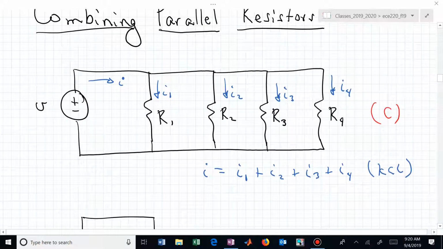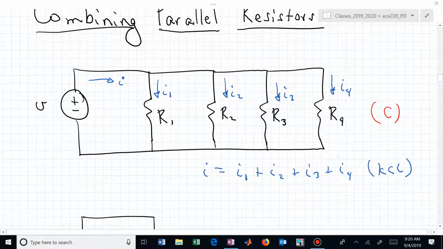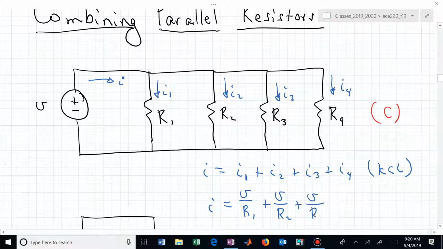But we can write that in terms of the voltage source. Each of those I's, I1 through I4, can also be written as V over R1 plus V over R2 plus V over R3 plus V over R sub 4. That's just applying Ohm's law.